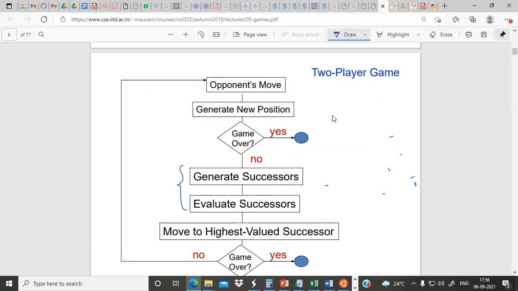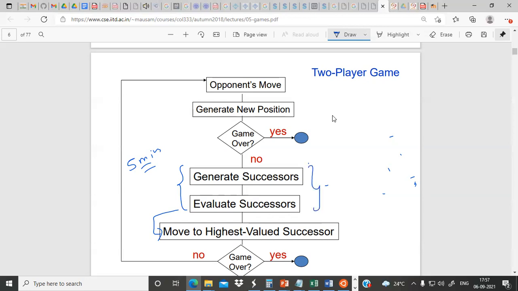That is, at every state, generate all the successors, evaluate the successors, and move on to the one with the highest valued successor. But sometimes you may not have time to evaluate all the successors. Say we have to finish our move within 5 minutes, but we have 1,000 successors. Now you cannot generate all the successors and you cannot evaluate all of them.